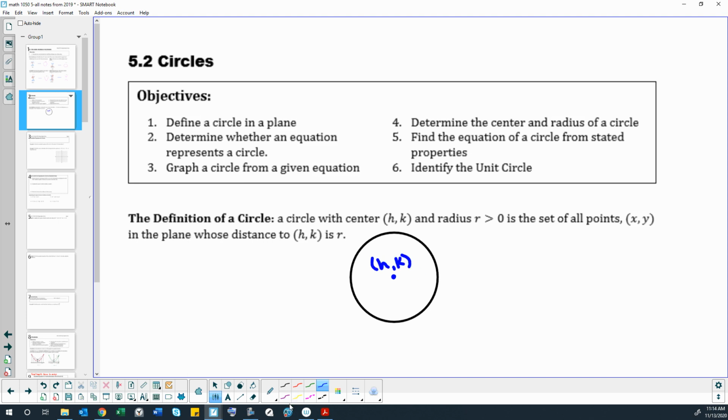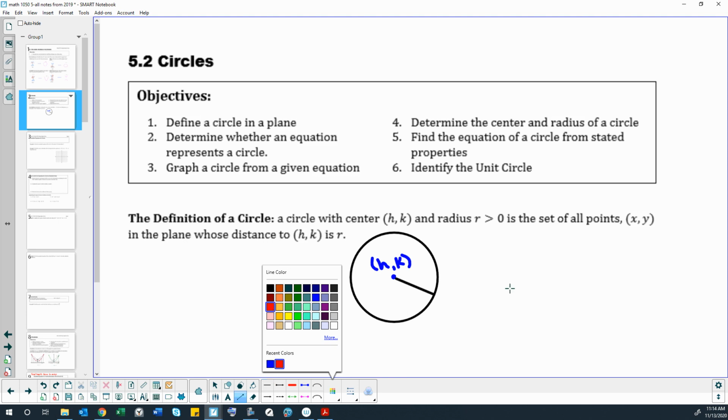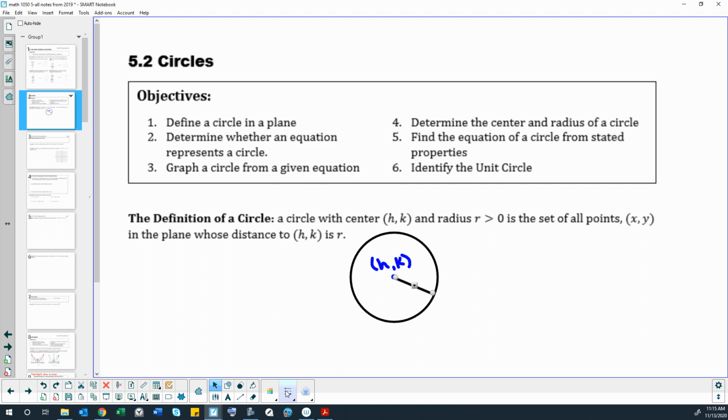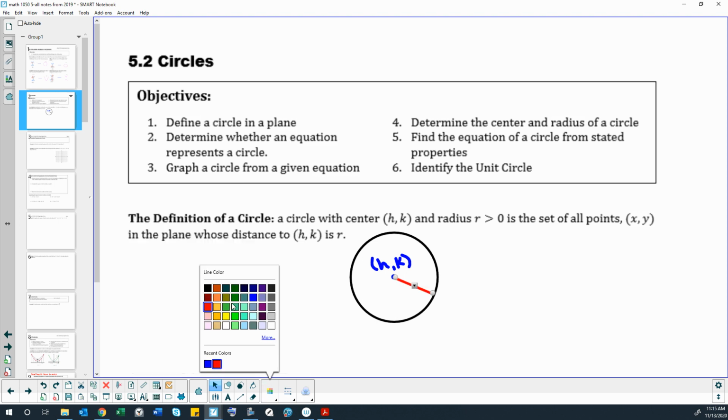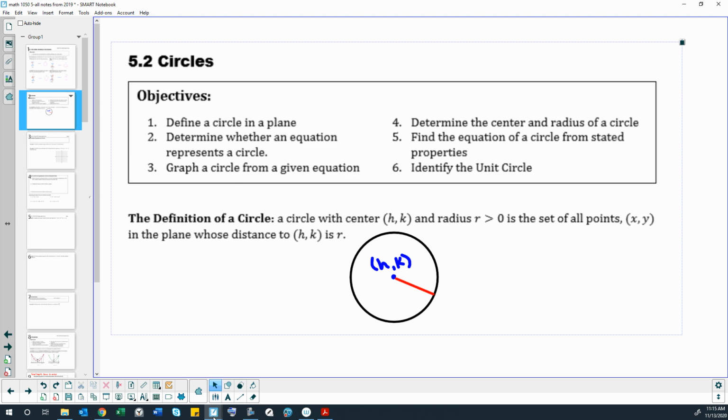And then r, of course, refers to the length of the radius. And a radius, in case you've forgotten, which I'm hoping you haven't, because that's a pretty basic mathematical concept that probably if you're in this class you would know and remember. It's going to be really important in Math 1060 next semester. So here is a radius.